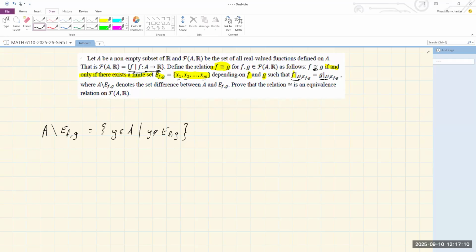But we have to show it's an equivalence relation. So we're asked to prove that this relation is an equivalence relation on this set.